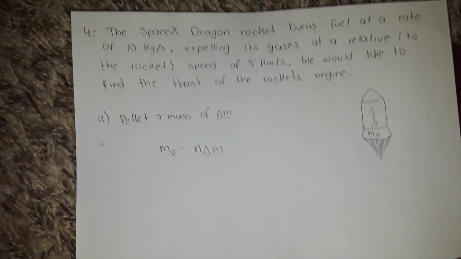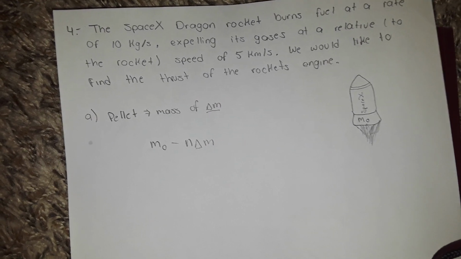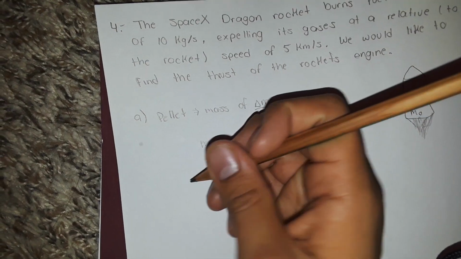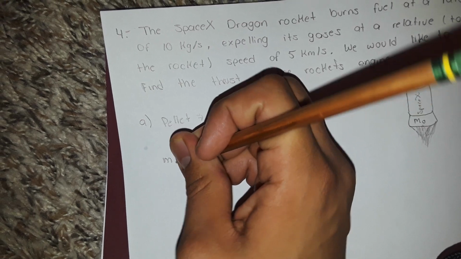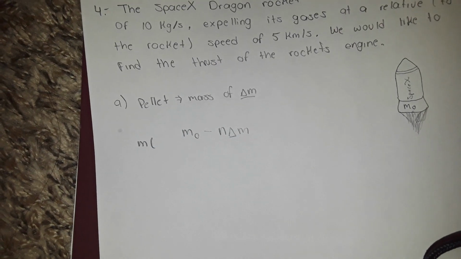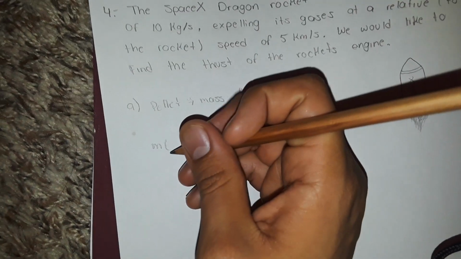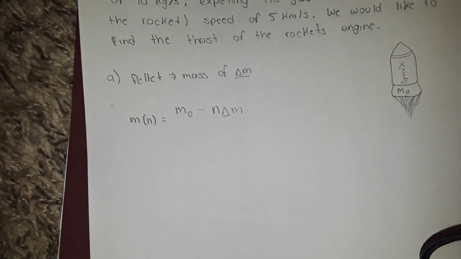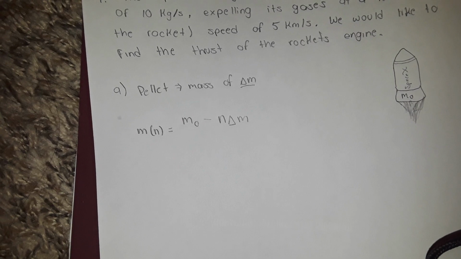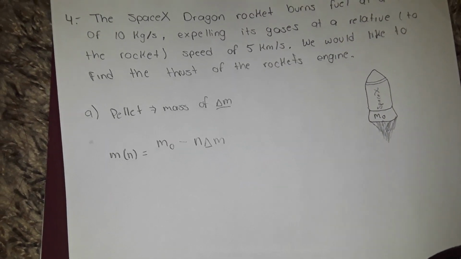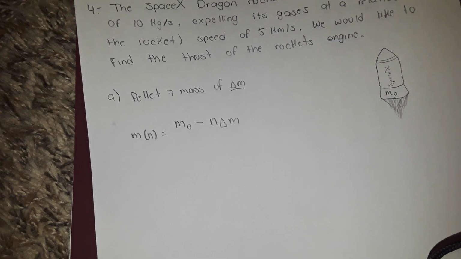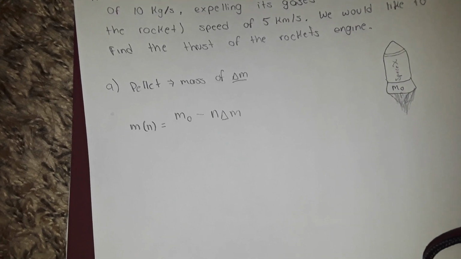We don't really have to include time in this case. So the mass of the rocket would be best described as a function of the amount of pellets it has expelled. So m of n would be our initial fuel minus the amount of pellets it's been expelling at that certain moment.